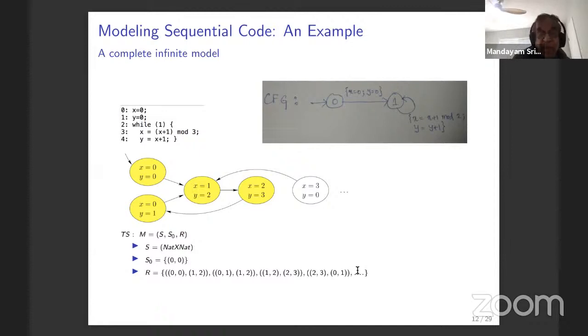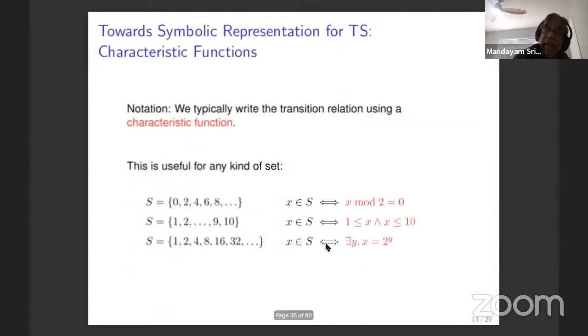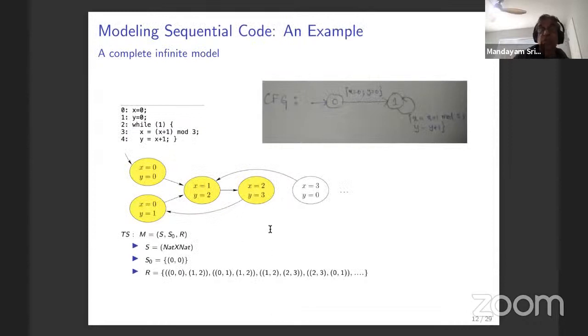Because if you want to develop algorithms to analyze these things, you have to find a finite representation. That finite representation can be either logic, where you represent the transition system using formulas, or certain kinds of automata. Büchi automata is one such finite representation of transition systems.